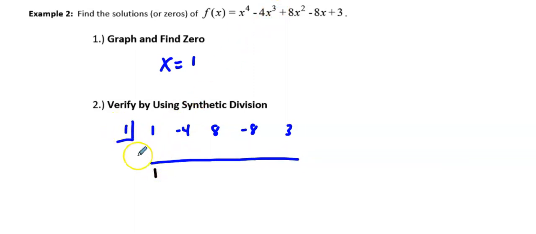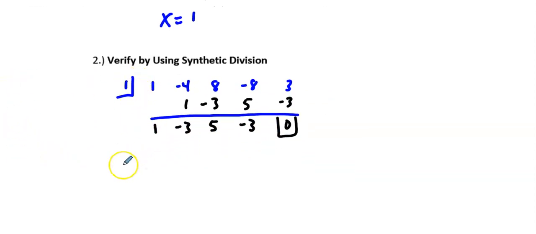So we're going to drop the 1, multiply, add, multiply, add, multiply, add, multiply, add, and we do indeed get our remainder of 0. And because it was a double root, we can now use this polynomial in the same 0 and do it again.